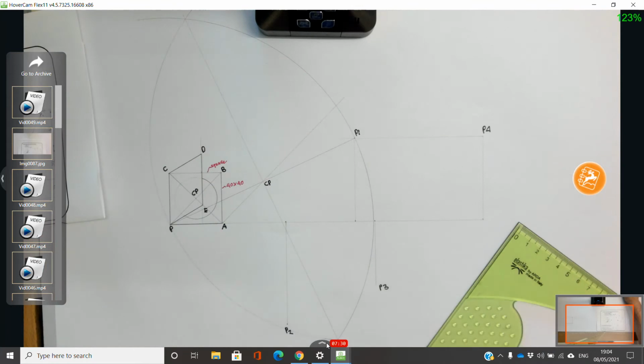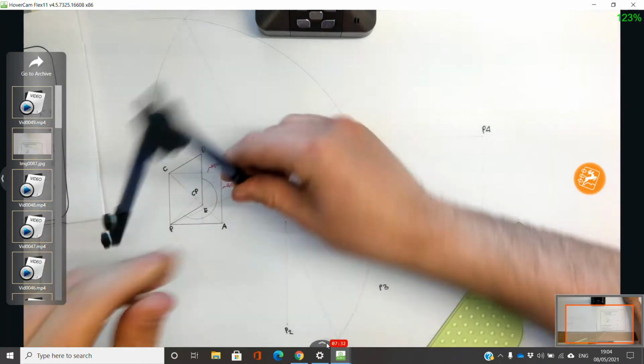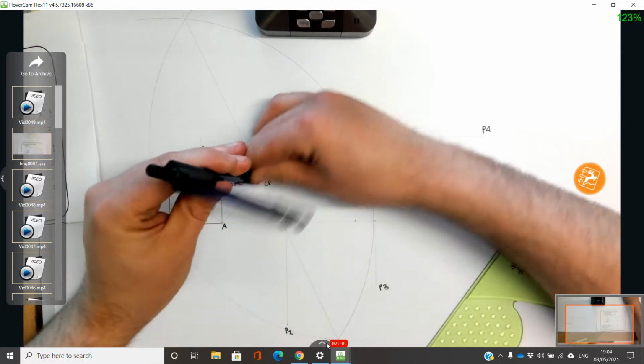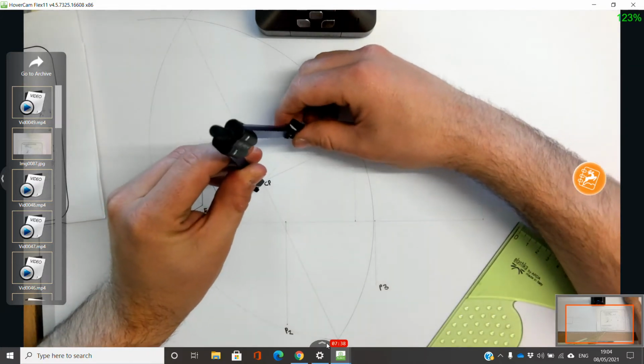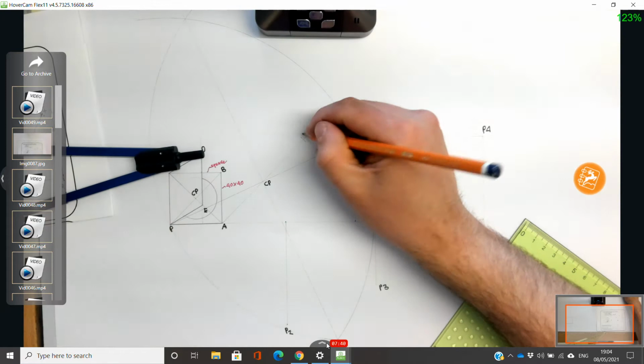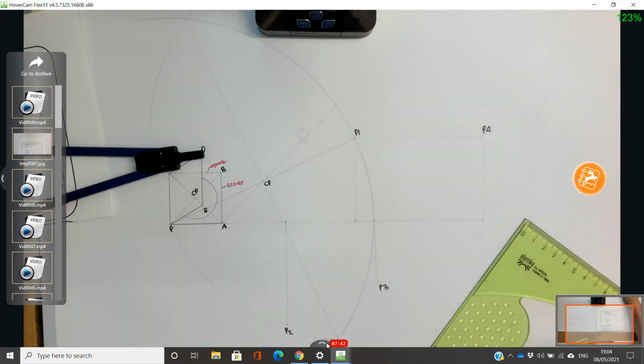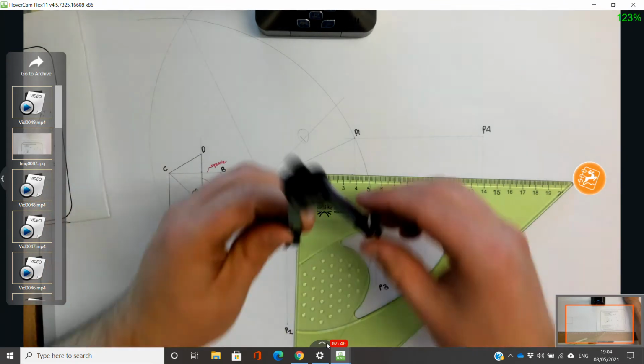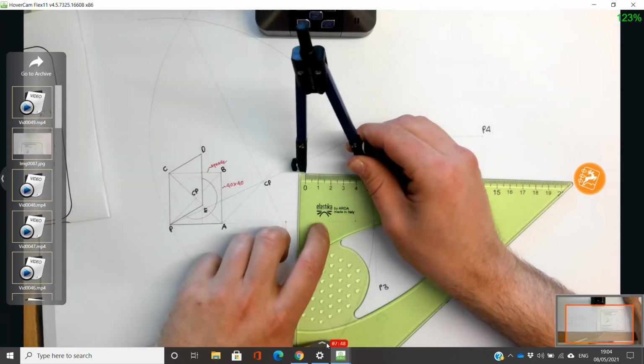Now, what should happen is A moves from the center point over here. So it should be somewhere about here. It should be exactly there, but that doesn't always happen for students. The key, I think, is to ensure that the distance from P1 to A1 will be 40.